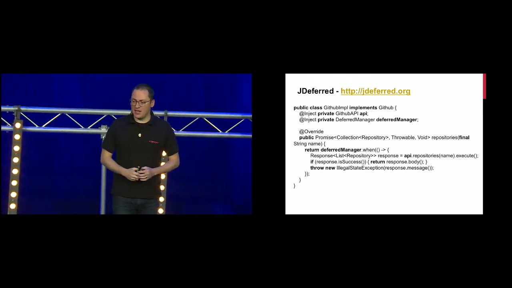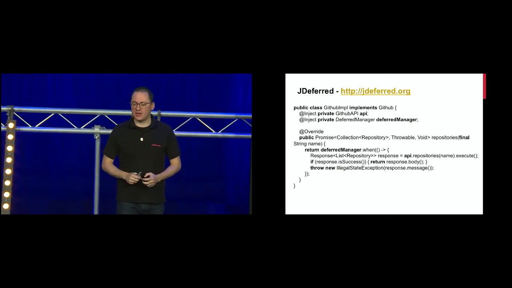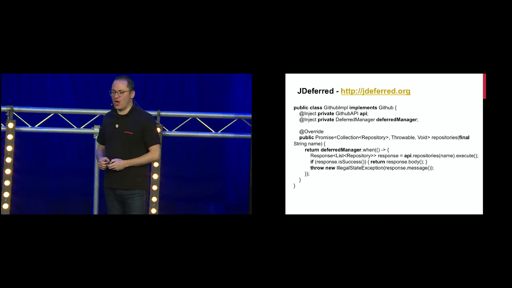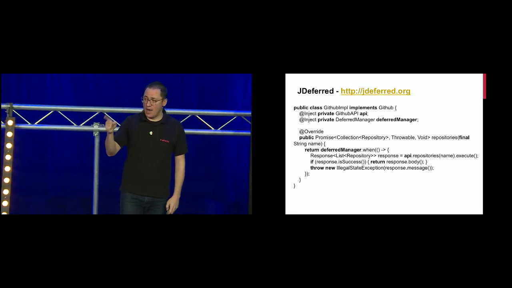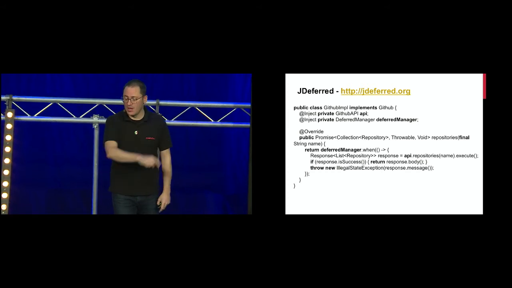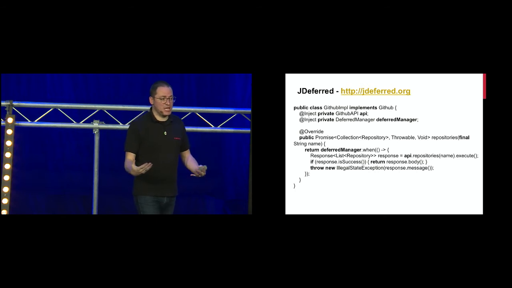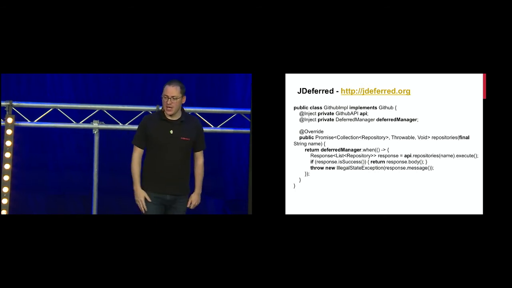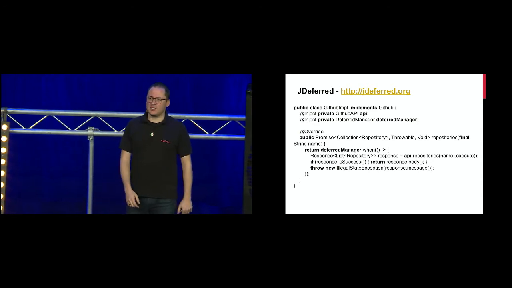So what we're seeing here is DeferredManager when, okay, we're setting up a task. This is the background task. When we issue a call like API repositories, remember this is a network call. This should happen outside of the UI thread. And when this thing is finished, what do we get? We get a response with a list of objects. Nice. If the response is successful, we don't even have to take care what the status code is.